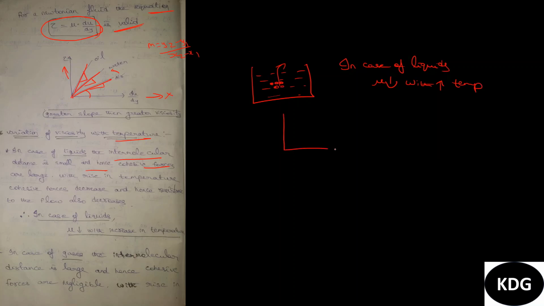But in case of gases, it is different because the intermolecular distance is large and hence cohesive forces are negligible. With rise in temperature, molecular disturbance increases and hence viscosity also increases. So in gases, mu increases with increase in temperature.